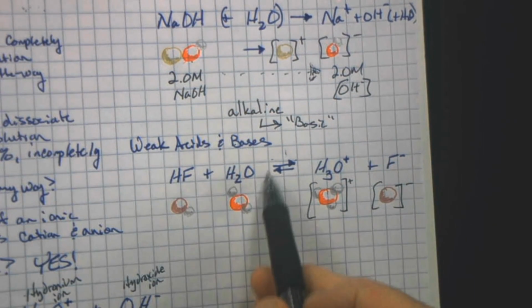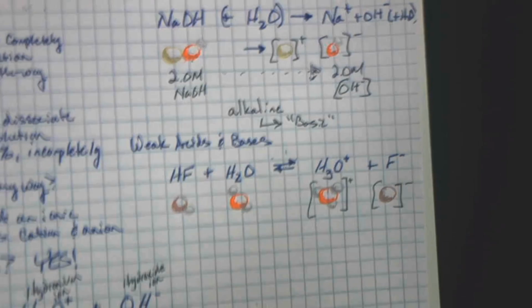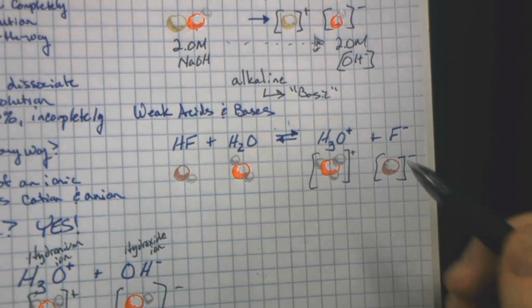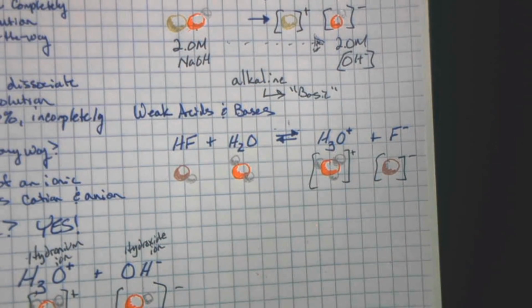However, what happens to any kind of reaction that is reversible? It will achieve equilibrium. Whenever you have an equilibrium, there is a place in the solution where you have your balance of forward versus reverse reactions.